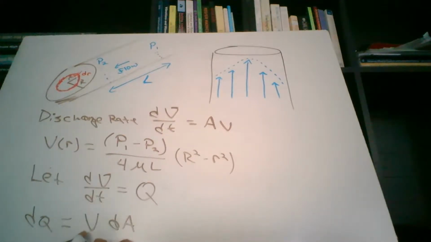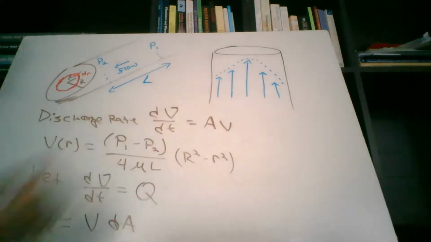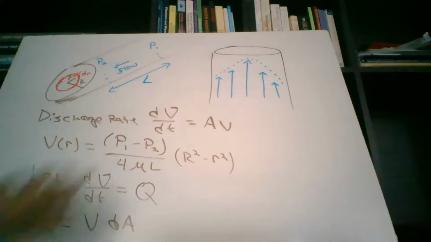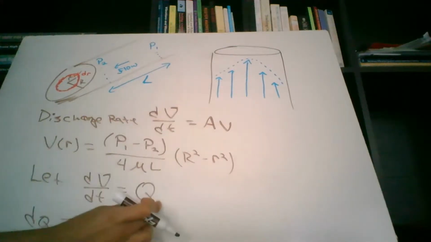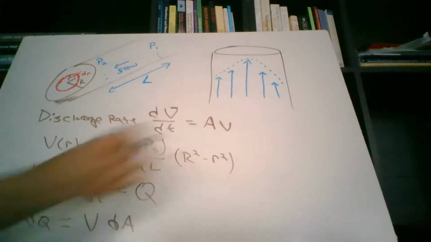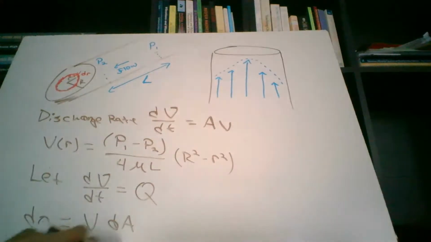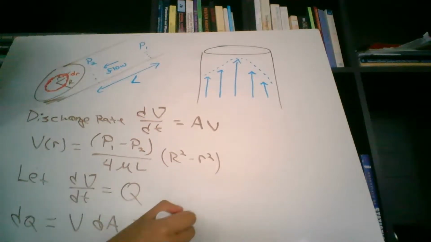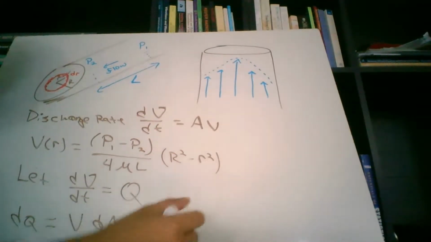And where am I getting this V dA? Well, this term is equal to A times V. So if I take the derivative of this, which means this, that's dQ, I would have to take the derivative of that term, and I get V dA. And we could rewrite that one more time as V times, because we want it in terms of r, dA is really just 2 pi r dr.